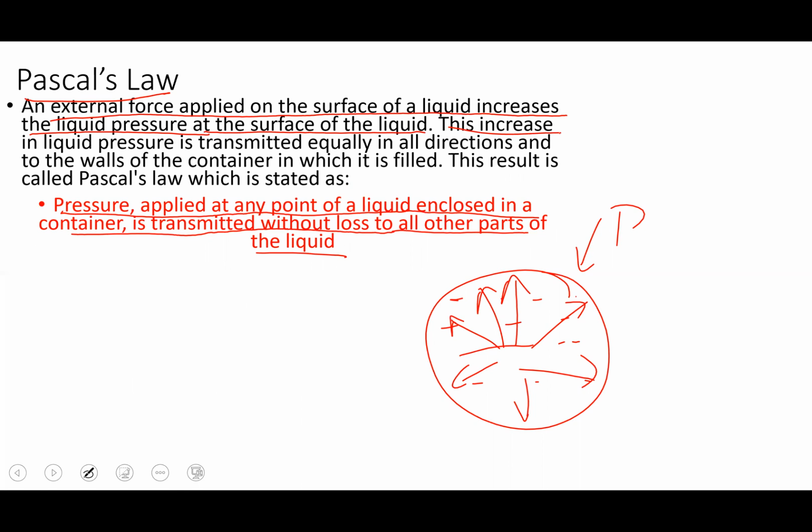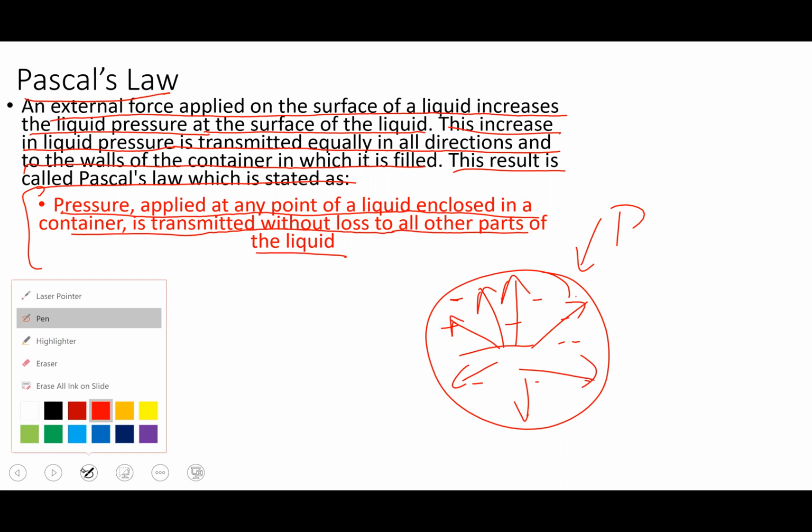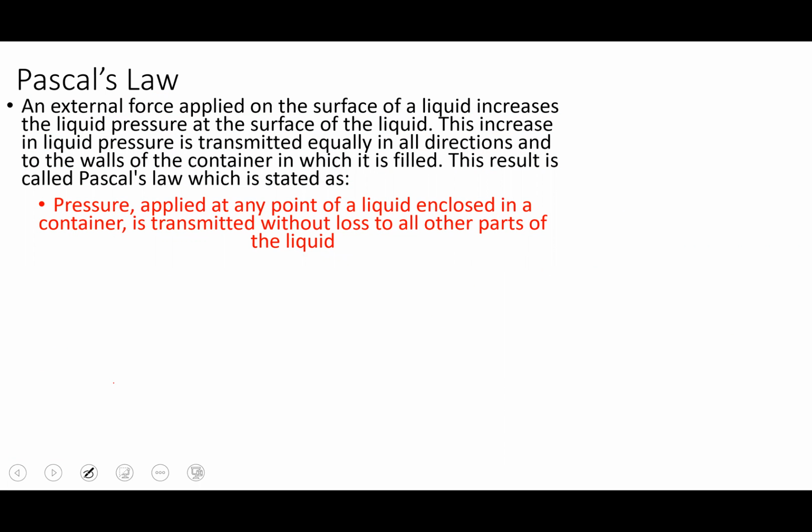This increase in the liquid pressure is transmitted equally in all directions and to the wall of the container in which it is filled. This result is called Pascal's law, as we have mentioned earlier. That means the liquid transmits the pressure equally on all sides.